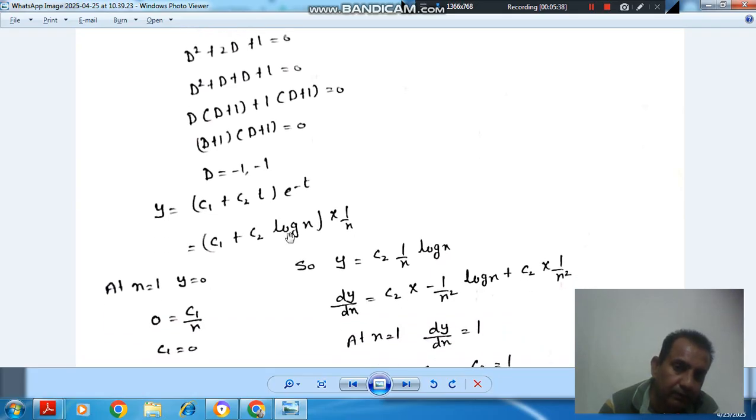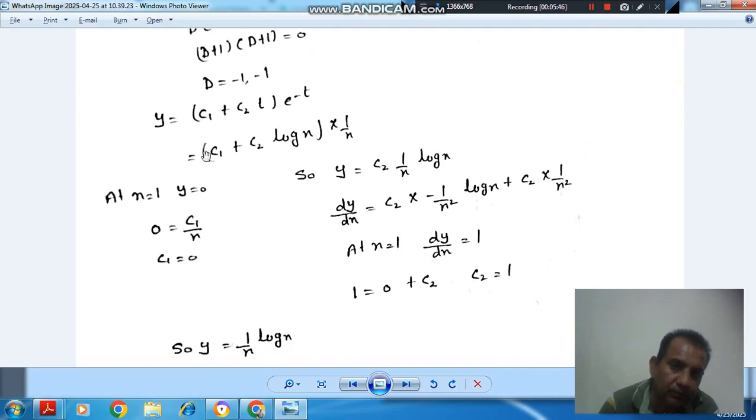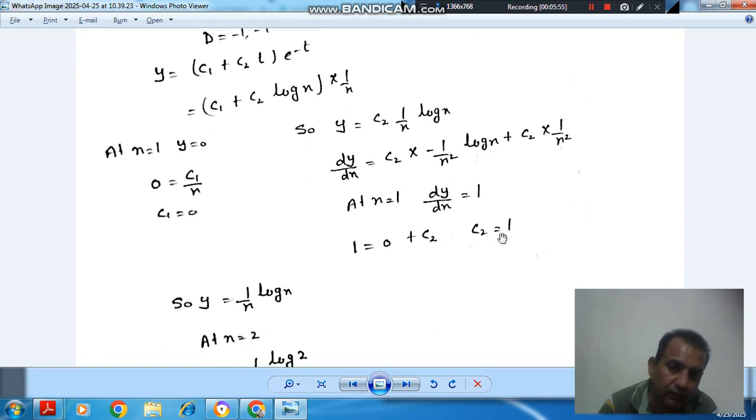Now we can put t, and the boundary conditions are given: x is equal to 1, y is equal to 0. From this we can find c1. The second boundary condition is where x is 1, dy by dx is equal to 1. We will differentiate it and put x is equal to 1 and dy by dx is equal to 1. We got c2 as 1.